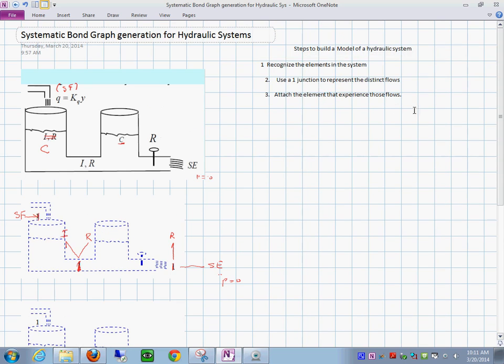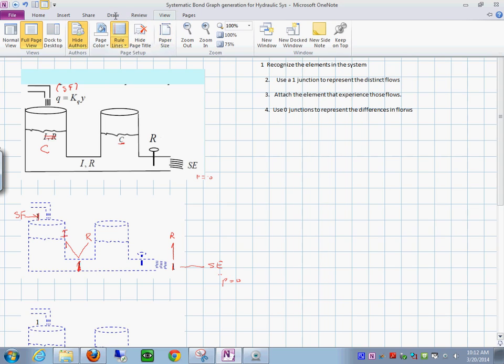Step number 4 would be use the zero junctions. And number 4, use zero junctions to represent the differences. Okay. So what are we going to do? We'll go in here, view, actually draw.